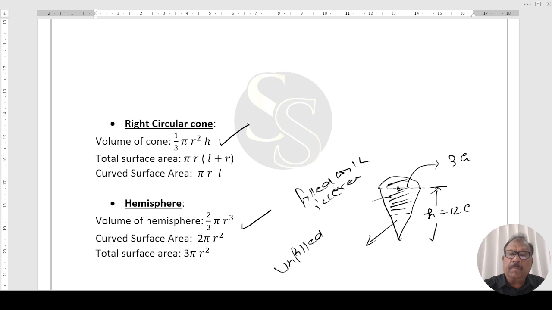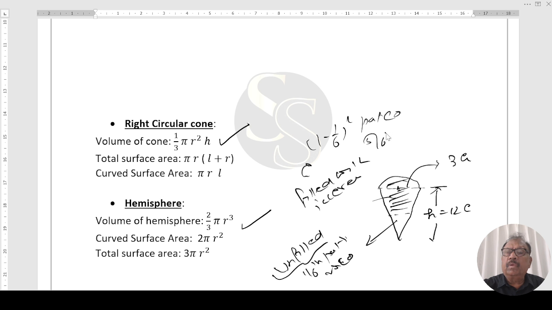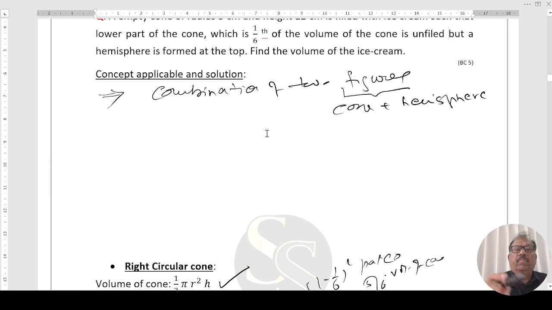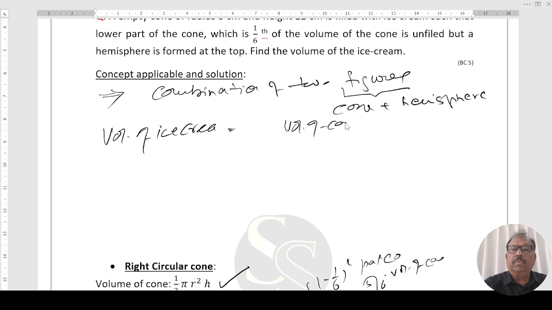Then unfilled is 1 by 6 part of the volume of cone. Filled part will be 1 minus 1 by 6 part of cone, that is 5 by 6 into volume of cone. Volume of ice cream will be equal to 5 by 6 volume of cone plus volume of hemisphere.